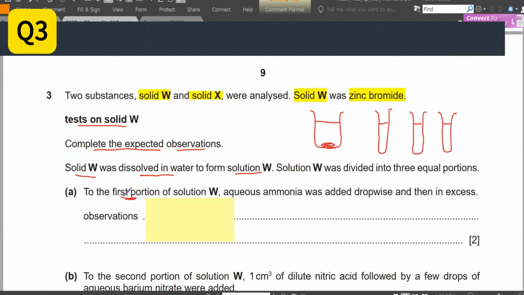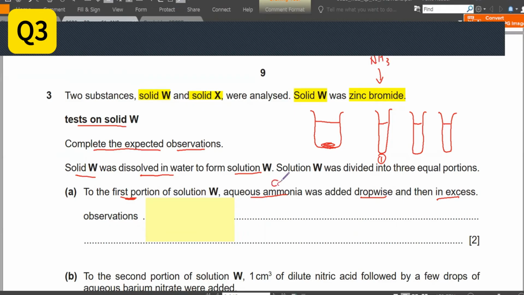To test the first portion, we add aqueous ammonia dropwise and then in excess.